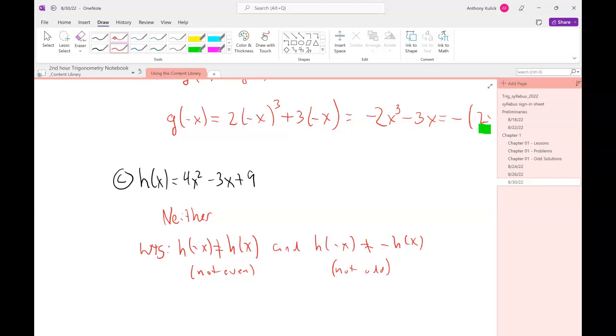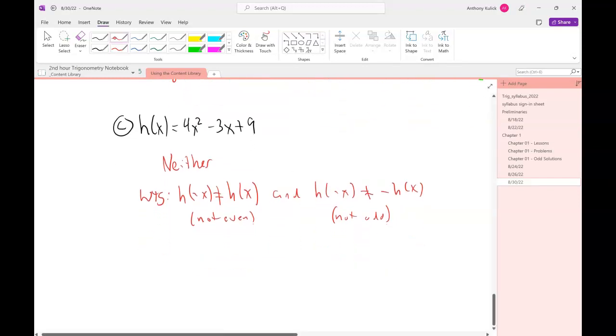Is everybody okay with that? All right. Notice here that to do even or odd, we're both starting with h of negative x, right? So I can actually do both of these at the same time. So we'll just start with h of negative x. What do I get when I do h of negative x? What do I get?